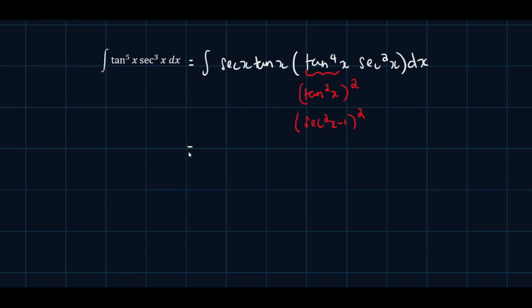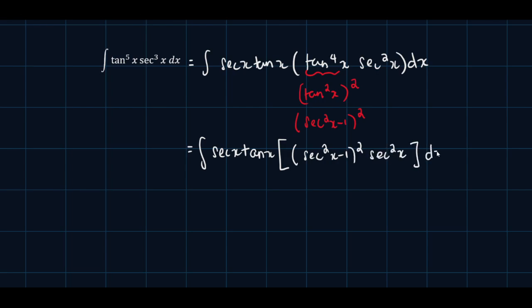Okay, doing so will give us, okay, secant x times tangent x times secant squared x minus 1 squared times secant squared x dx.